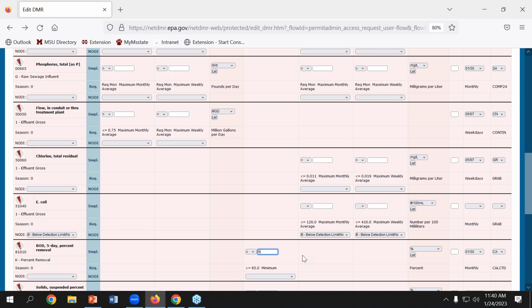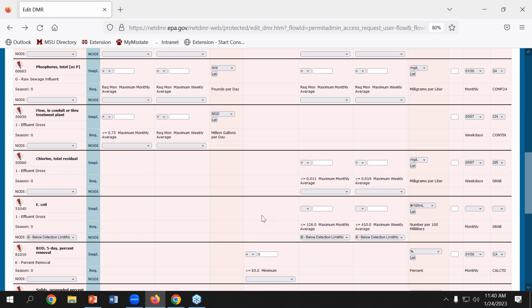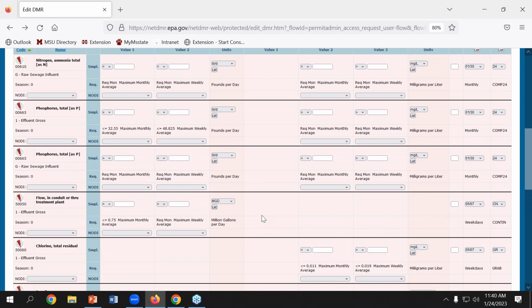Those are some of the issues that you may find yourself facing. Of course, on the quantity or loading cycle, back up. The flow is reported in MGD. That's important because depending on the flow measurement devices, you may record your flow in gallons per minute, but it needs to be reported in million gallons per day.